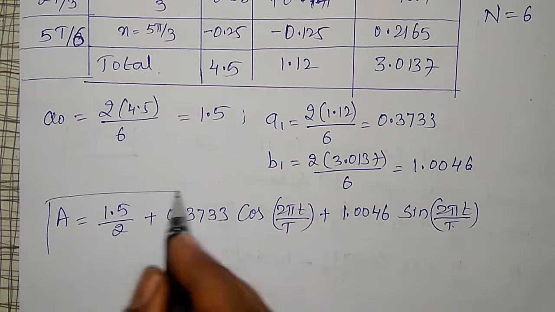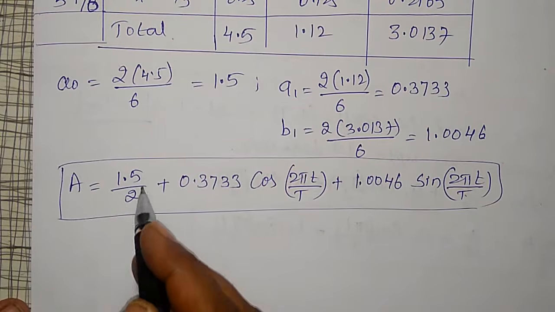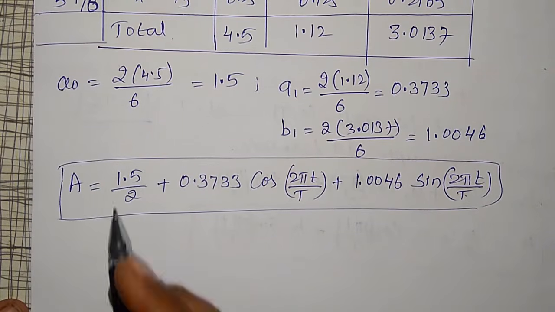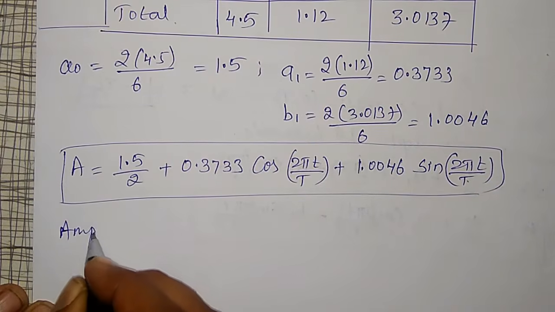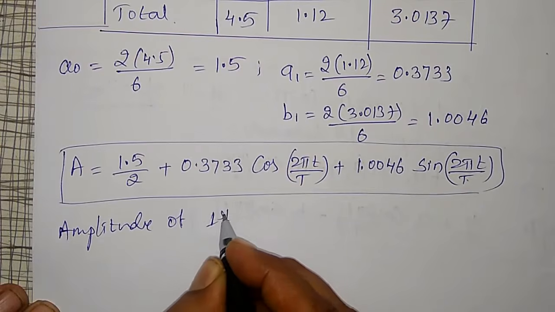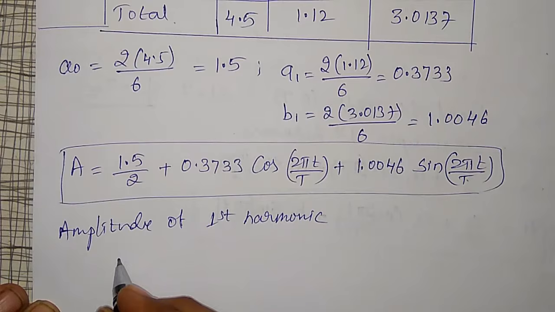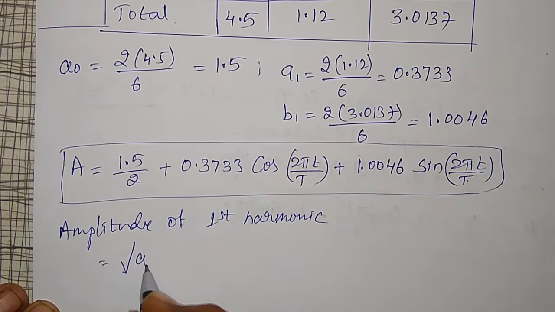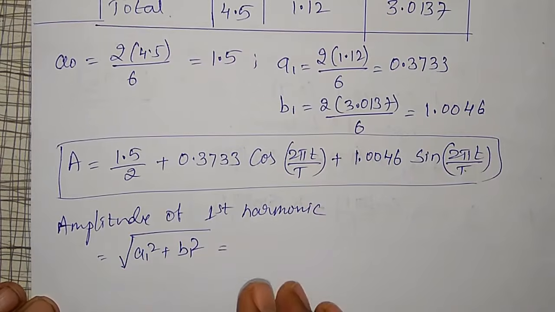This is the required Fourier series up to first harmonic, and the constant term you can check as 0.75. Using this, further, the amplitude of the first harmonic is equal to square root of a1 squared plus b1 squared.